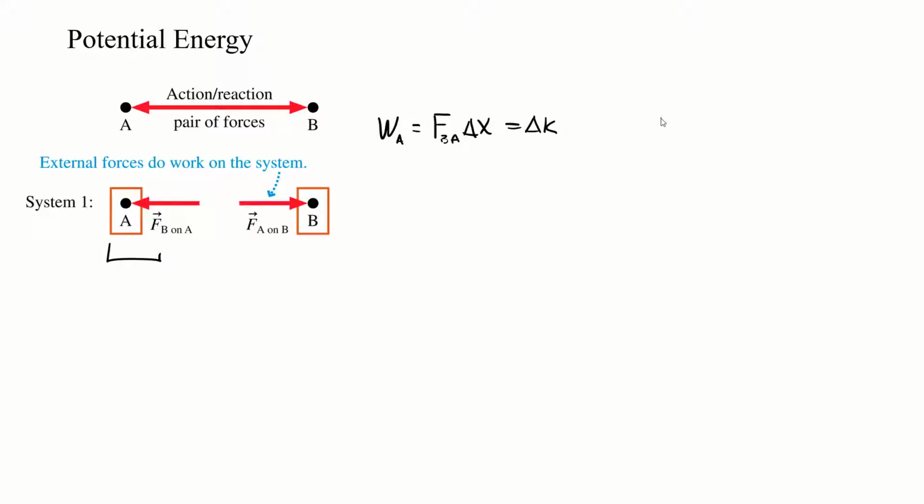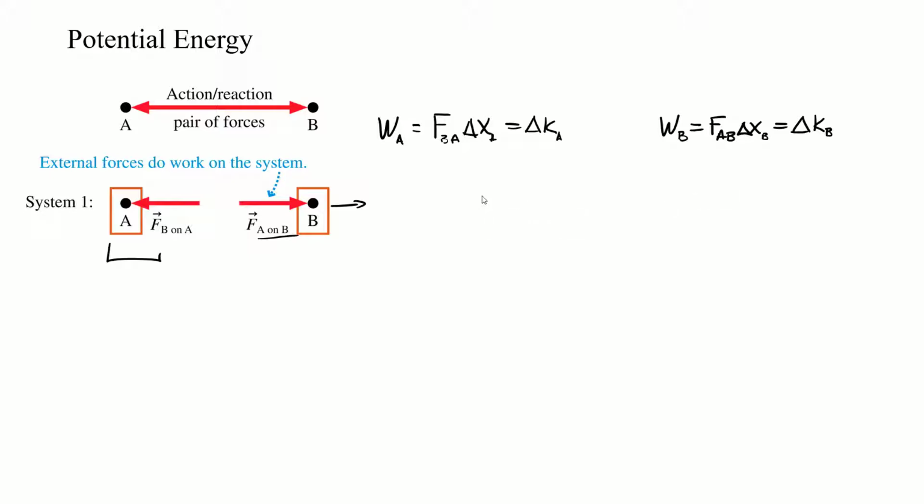I can do the same thing for the work done on object B. It's just going to be the force of A on B times its displacement, and that's going to cause its change in kinetic energy. I'll subscript these with a B and an A, just to be consistent. Again, this particle is going to speed up going that way because it's got this force, increasing its kinetic energy.